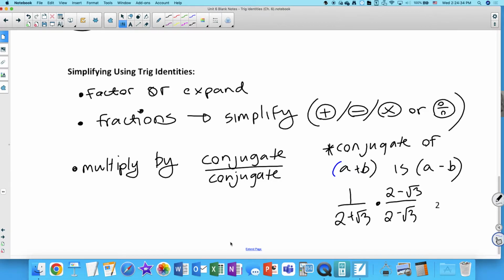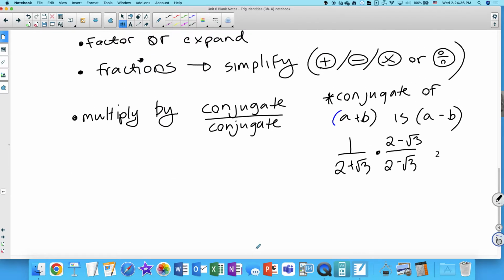And then the one that I always live by, and this is always usually my go-to, is when in doubt, convert everything to sine and cosine. Every trigonometric ratio can be written in terms of sine and cosine. So when in doubt, do that and work from sine and cosine.